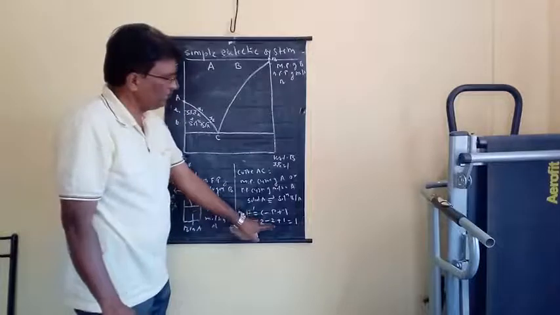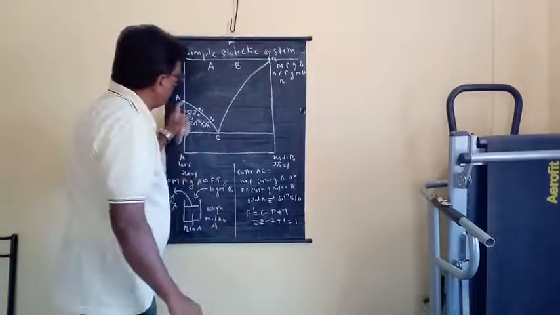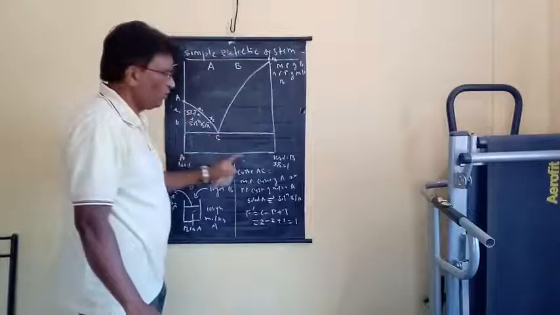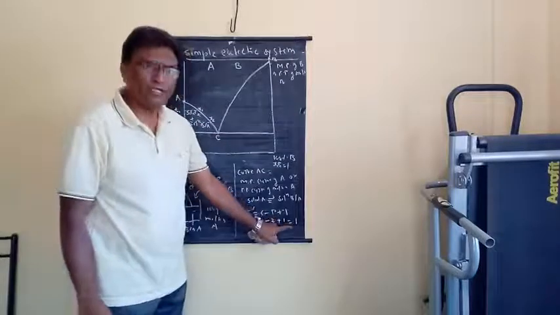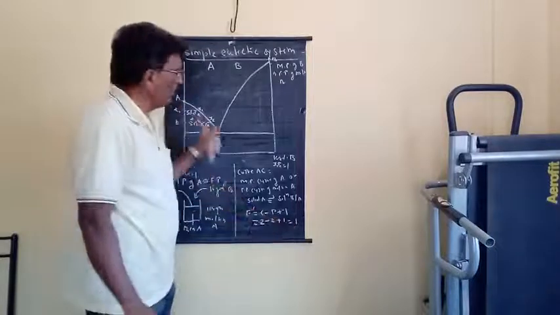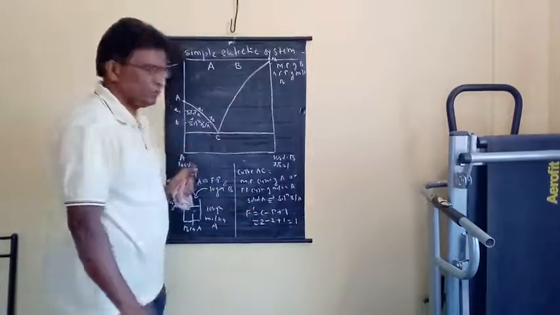Why is this system univariant here? In order to define the system on this curve, only one variable is to be stated. With the help of only one variable, we can define the system completely at equilibrium on this curve.